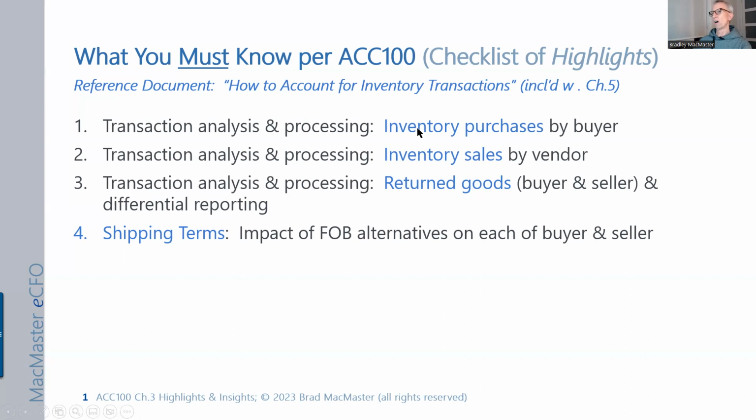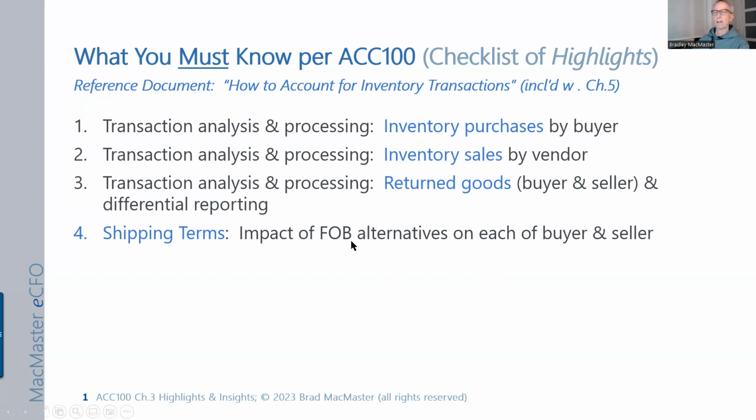And the incremental costs incurred in getting the goods from the point of origin to our place will be borne either by the seller, our supplier, or by us, the buyer, depending on the FOB expression. If it's FOB shipping point, we pay the cost of getting the goods from the shipping point or point of origin to our own place of business.